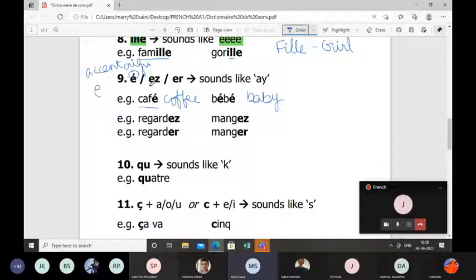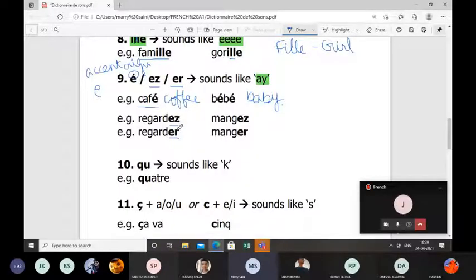Next one is "ez" and "er". "Ez" and "er" are also going to have the same sound "ay". Whenever you are having EZ and ER at the end, they are having the "ay" sound. For example, "regardez", "regarder". Here it is ending with EZ, here it is ending with ER.